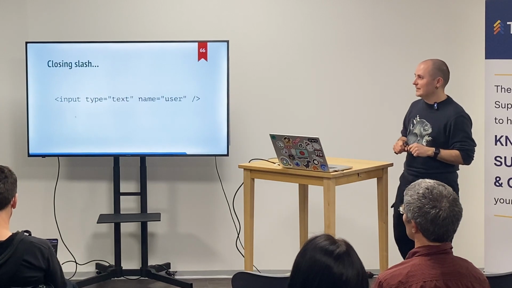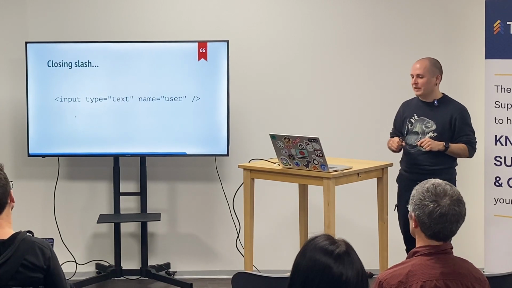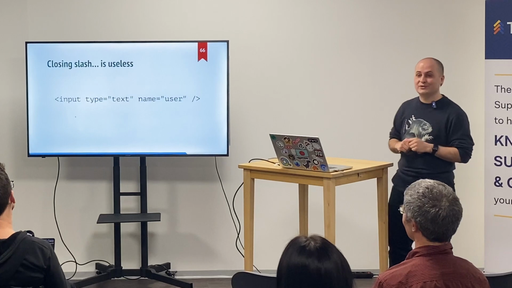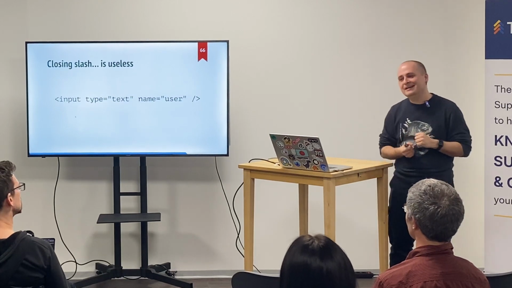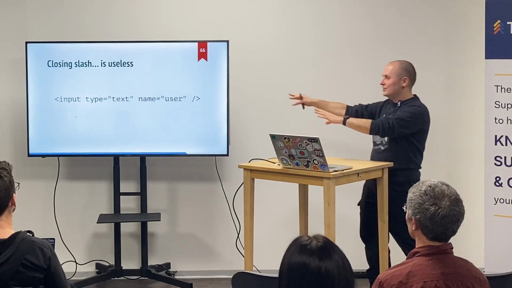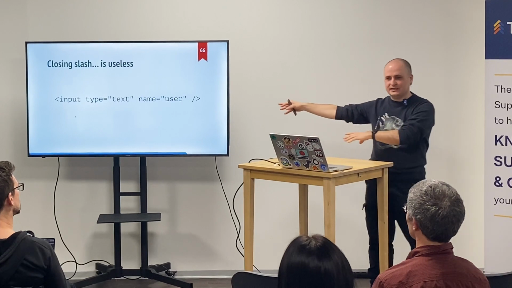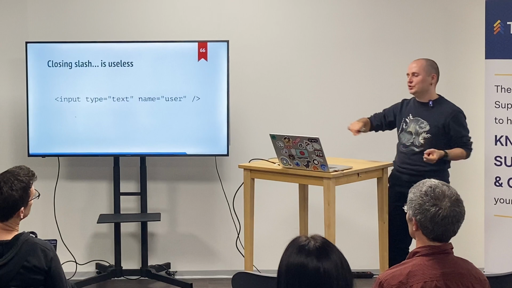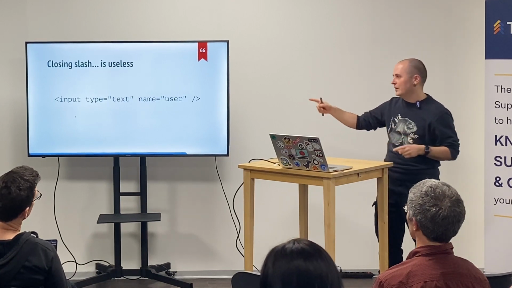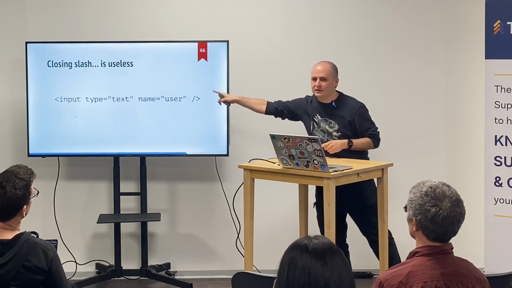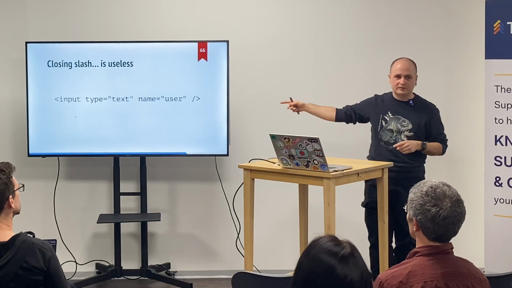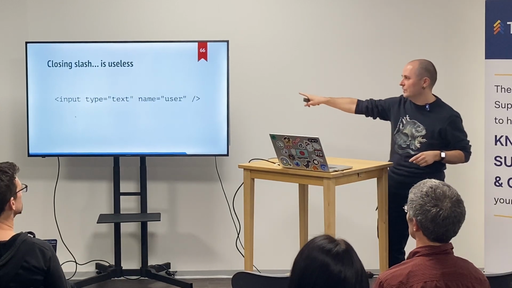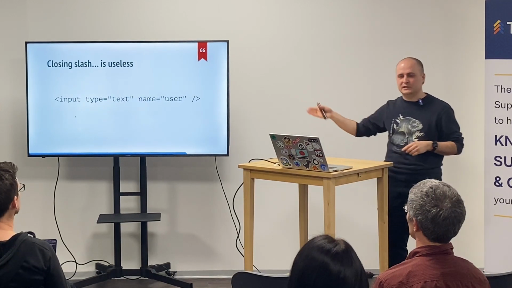And the closing slash, I'm going to make some enemies right now, is useless. It's okay to have your closing slash in your JSX or whatever templating language you have. But when you ship it to browsers, they don't care about this thing. They don't parse it at all. They look for the closing bracket. They don't look at the slash.